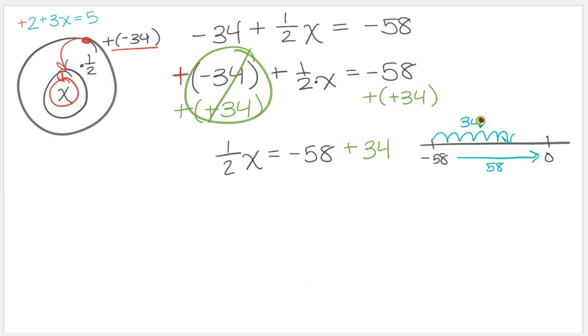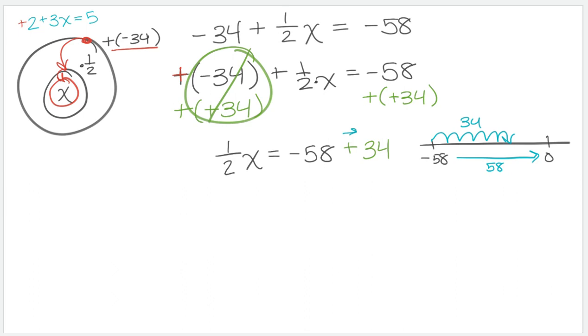And we're going right because addition implies that we are moving to our right on the number line. We're still to the left of our 0, so we're still negative. We're just not as negative. So our answer should definitely be a negative number, but it shouldn't be as negative as negative 58.